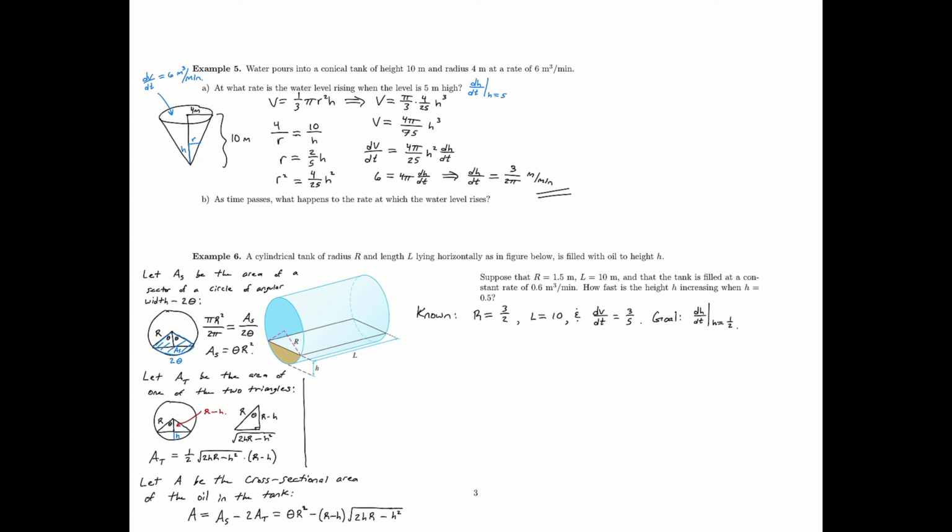Since there are multiple h's making an appearance, it would probably be easier to just eliminate this one theta. So can we somehow express theta in terms of other known things? We can. What we can do is take a look again at this triangle.